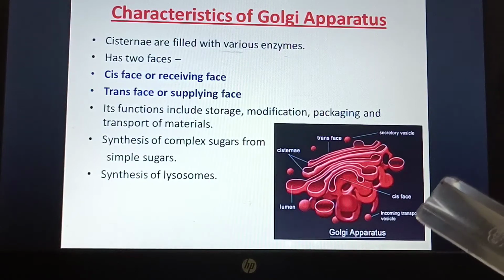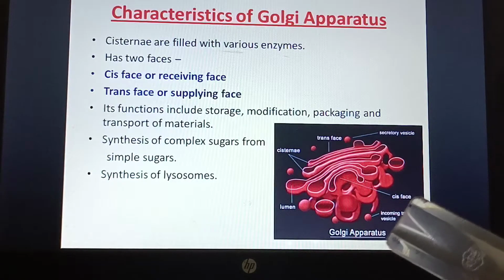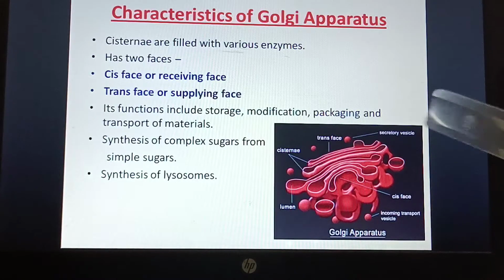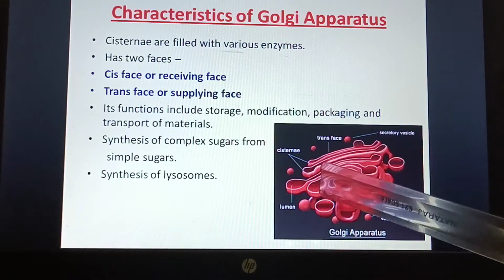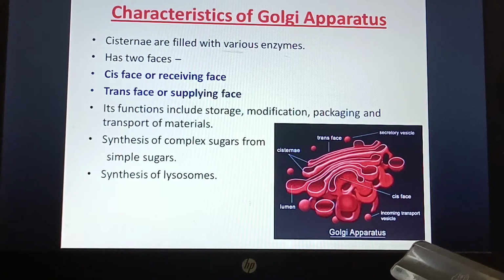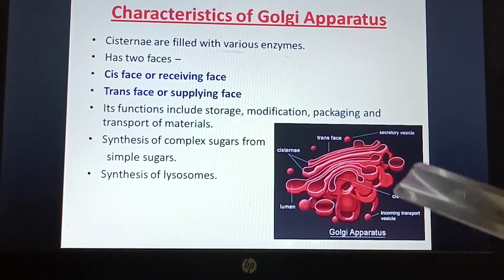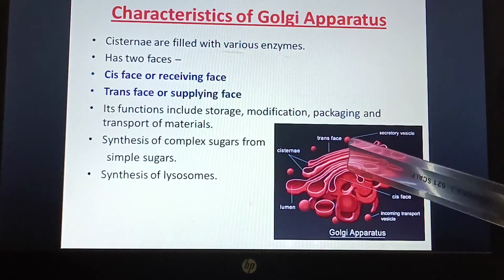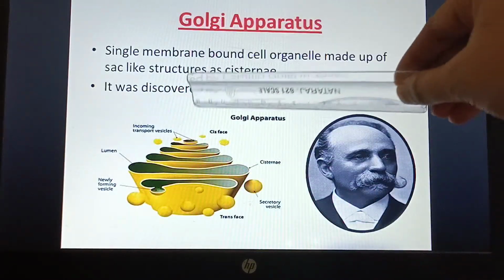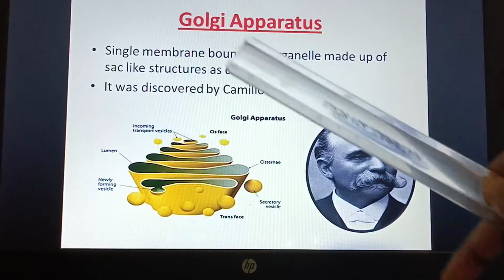Now what are the characteristics? Cisternae are filled with various enzymes. This Golgi apparatus has two phases, that is cis phase and trans phase. This is the cis phase and this is the trans phase.